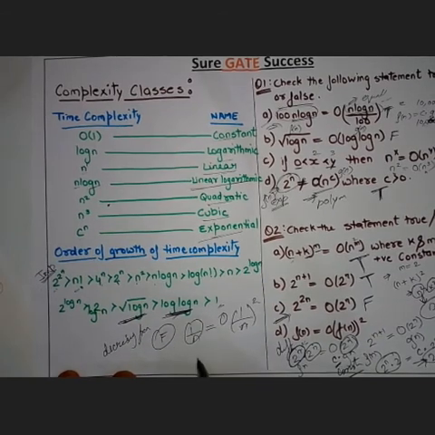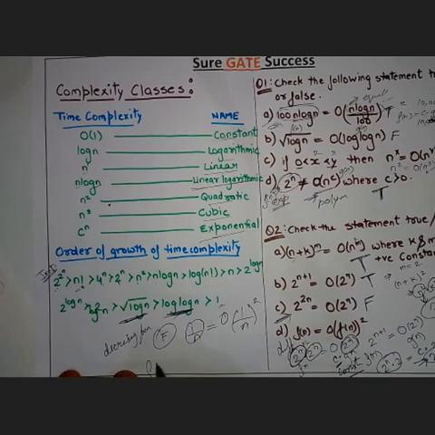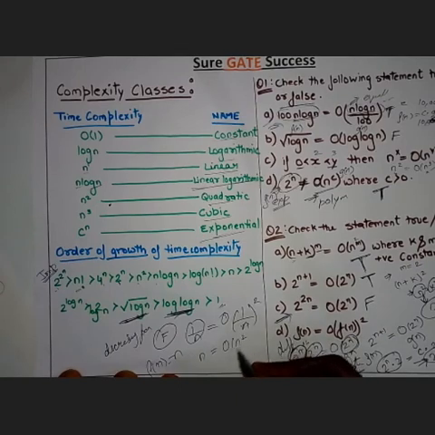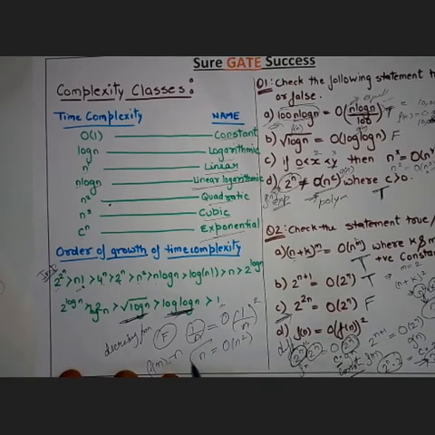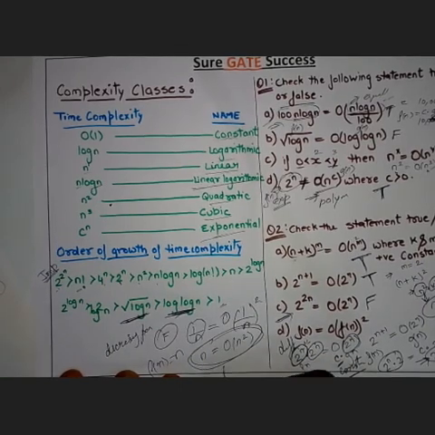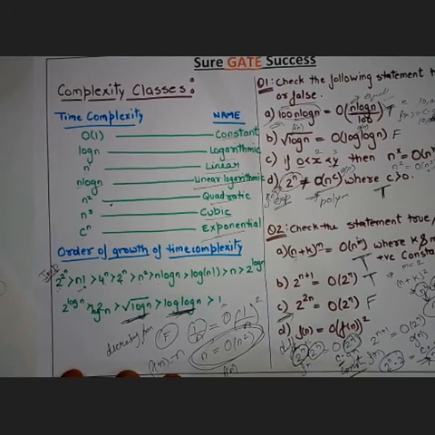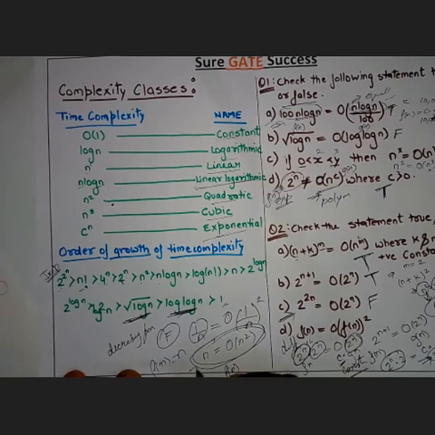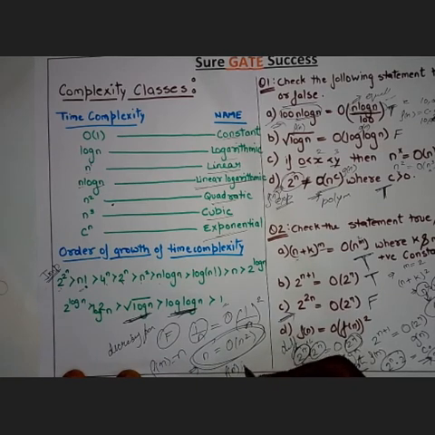But if we take f of n equal to n, then n is equal to big O of n square. In this case, f of n is smaller, that means it is an increasing function.